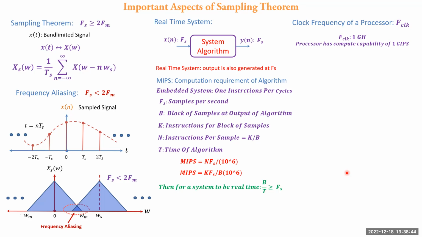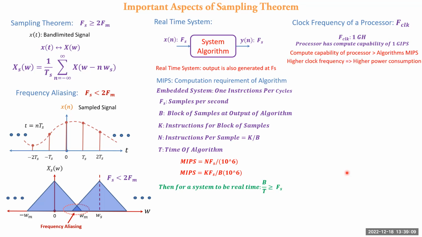So that much compute capability is available from the processor side. Now you have to find out the compute capability required for an algorithm. And in order to make the system real-time, the compute power of the processor should be greater than or equal to the compute power requirement of the algorithm.